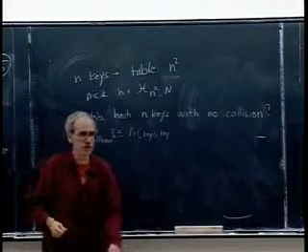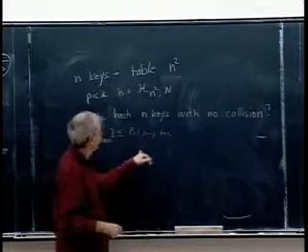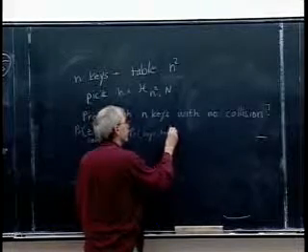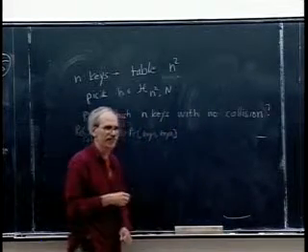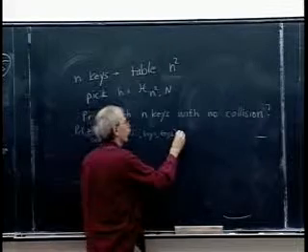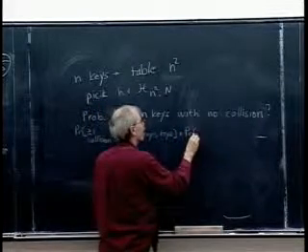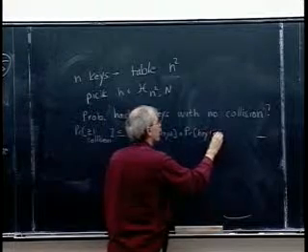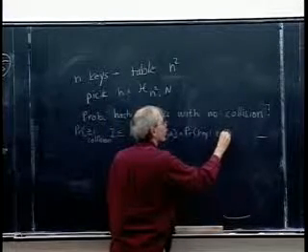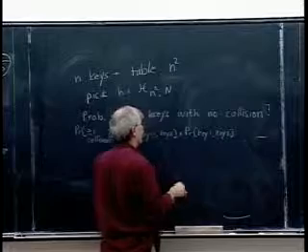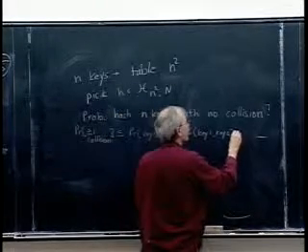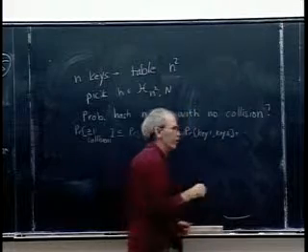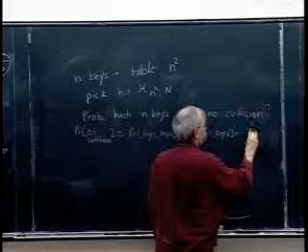Well, if there's equal to or greater than 1 collision, either key 1 and key 2 must collide, or key 1 and key 3 must collide, and so on for all pairs.